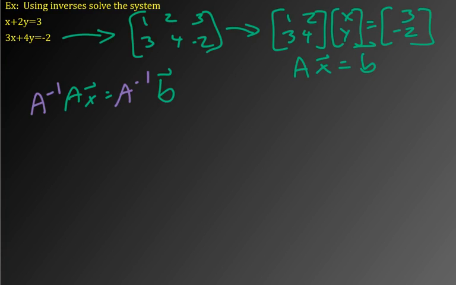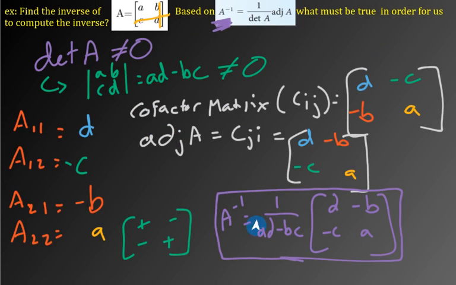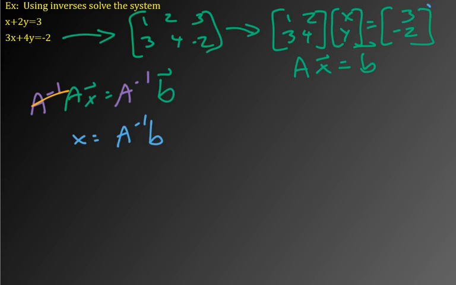Then these would cancel, and you would get x equals A inverse b. So if you can find A inverse, you could just do A inverse times this 3, -2, and you'd have the answer. So now that you have A, and you have your formula for A inverse, you could plug everything in and get the answer.